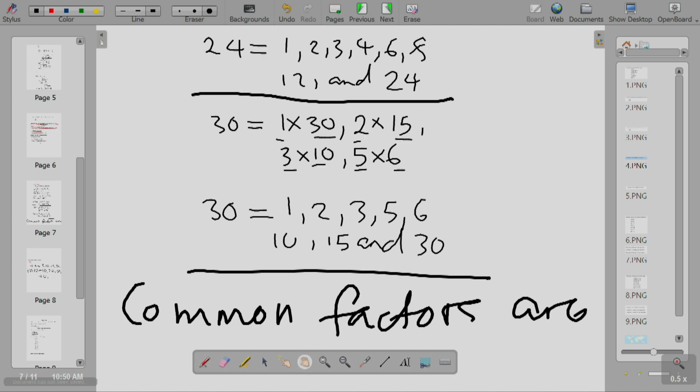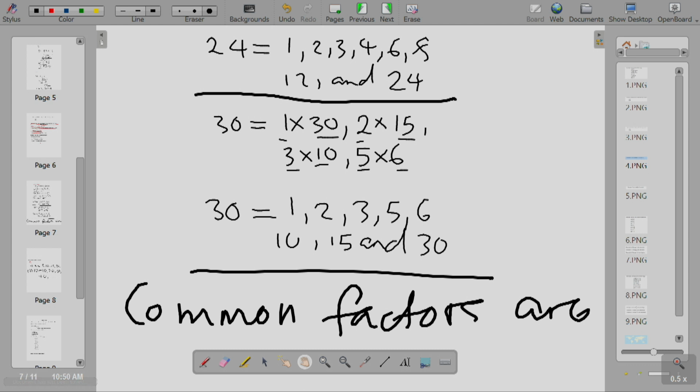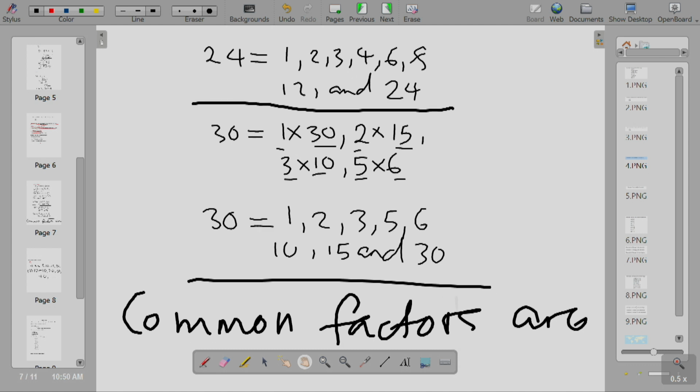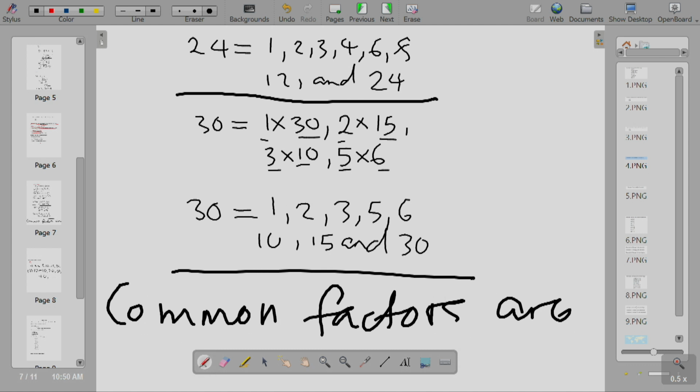The common factors will be 1, because 1 appeared in number 24 and also in number 30. Also 2, another one 3, another one 6. So these are the common factors that appeared in both number 24 and number 30.